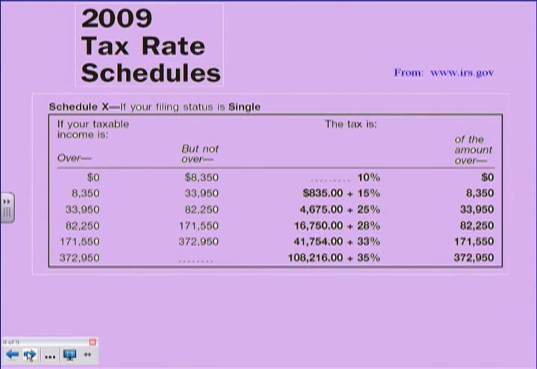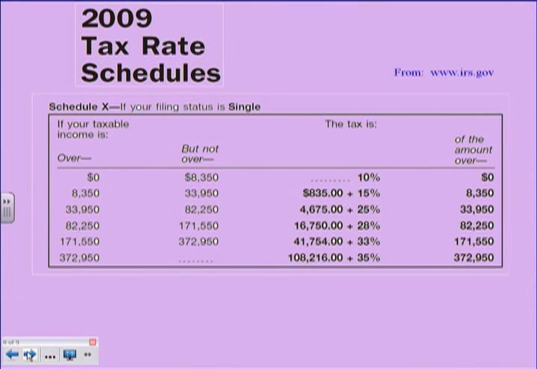You've always heard people talk about being in higher tax brackets. Well, if you really had no idea what they were talking about, here's a chance to get a peek. All right? Now, this was, of course, in the 2009 booklet, the book for taxes for 2009, and it's showing if your income was between $0 and $8,350, you're paying 10%, and by the way, that's taxable income after all your deductions and everything are taken off.